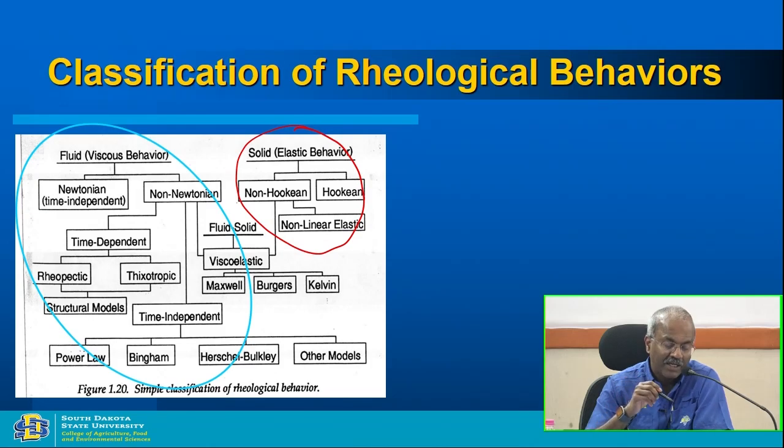That's what time independent fluid means, and those are called Newtonian fluids. Non-Newtonian fluids can be time dependent or time independent. Primarily, we will be talking about Newtonian fluids and time independent non-Newtonian fluids.